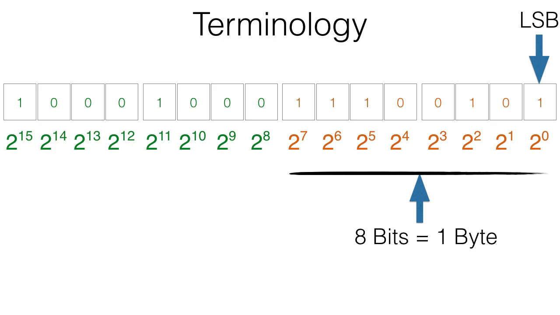What position on here is the most significant bit? Which one now? Last time it was 2 to the power of 7. Is it the case this time in this particular pattern? You should be shaking your head no. It's 2 to the power of 15. You have to look at the pattern that you have.